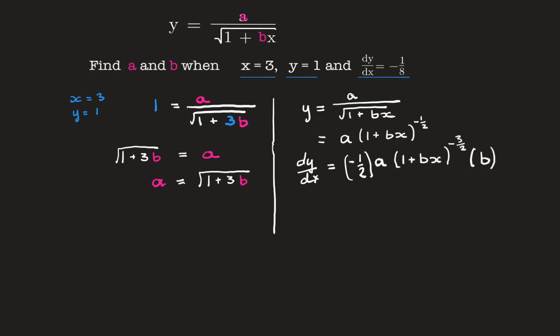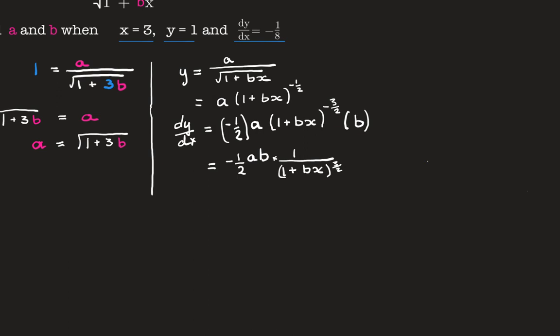And this, of course, could be better written down if I consolidate all these numbers. Well, it looks slightly better, but I'm still not entirely happy with this. I don't like the idea that I've got it to the exponent of 3 on 2. So please let me remind you that if I have an x and I have it to the power of 3 on 2, that's the same thing as saying x root x.